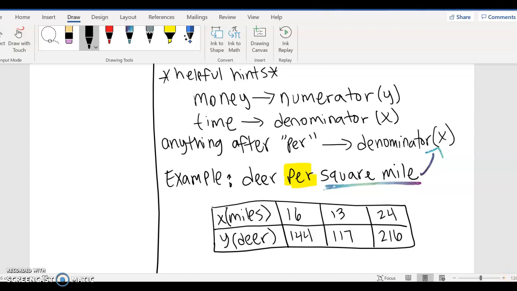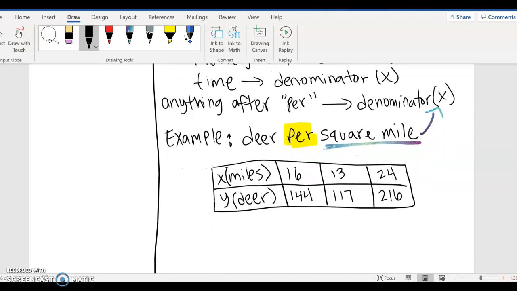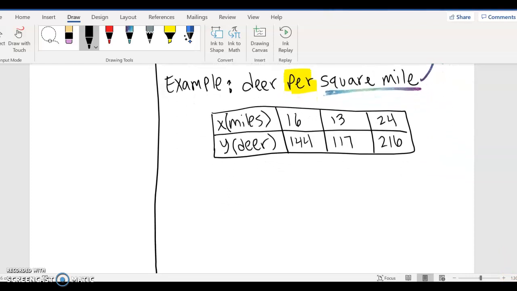So we want to know the unit rate or the constant of proportionality. How many deer are there in 1 mile? So we follow our same equation that we've been doing, k equals y divided by x. Remember, this fraction line is just a division sign. Even though it looks like a fraction, all we're doing is dividing.